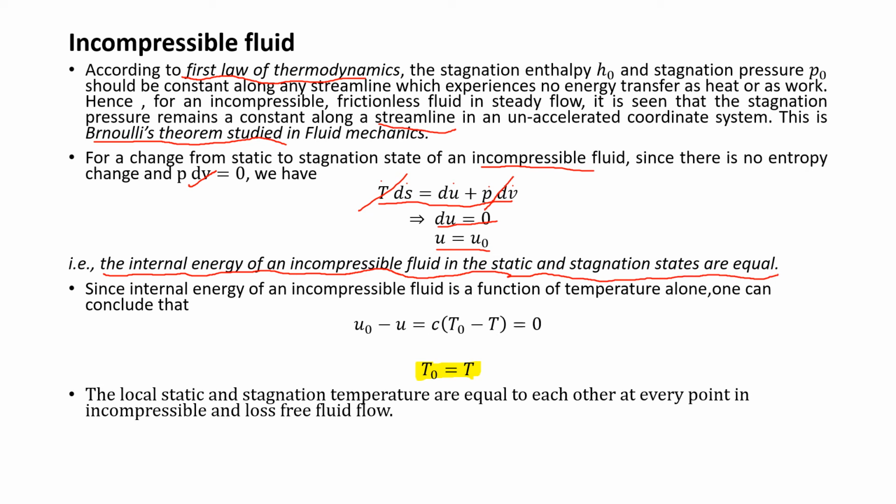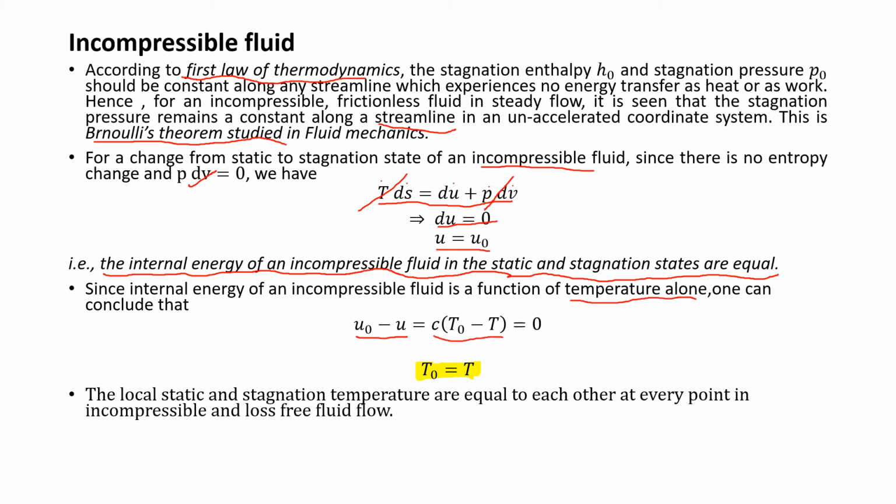It means that the internal energy of the fluid in static state is equal to the internal energy of the fluid in stagnation state. Since the internal energy of an incompressible fluid is a function of temperature alone, as temperature varies, the internal energy varies. We can conclude that u naught minus u is equal to c times (T naught minus T), which is equal to 0.